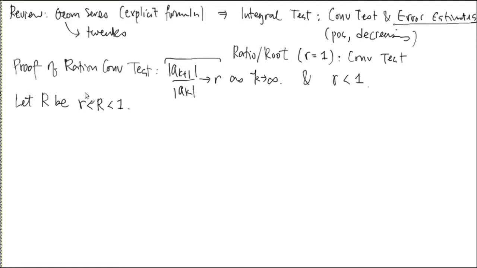So would it be fair enough to say that for all, and the "all" is the important part, large indices k, |a_{k+1}| divided by the absolute value of a_k is very close to little r, right?